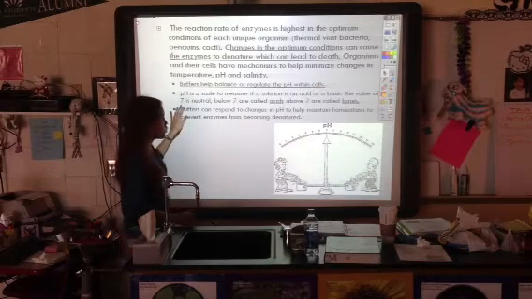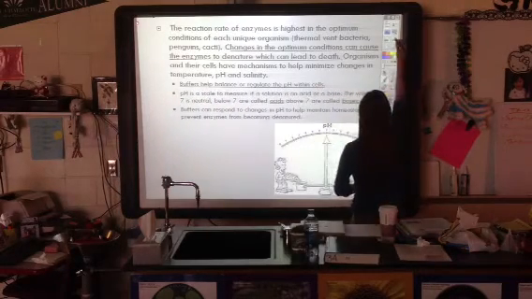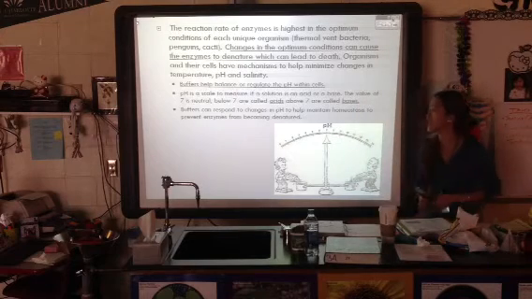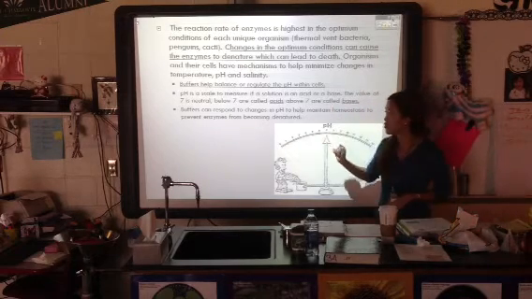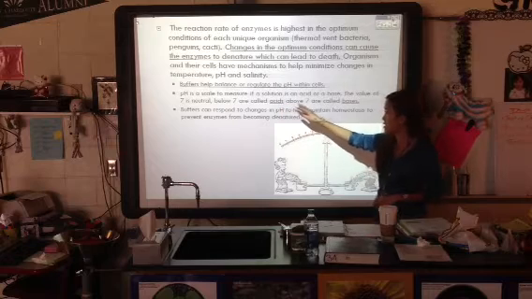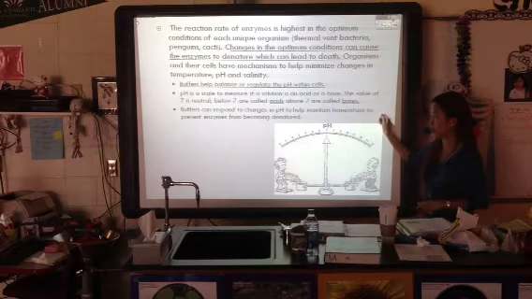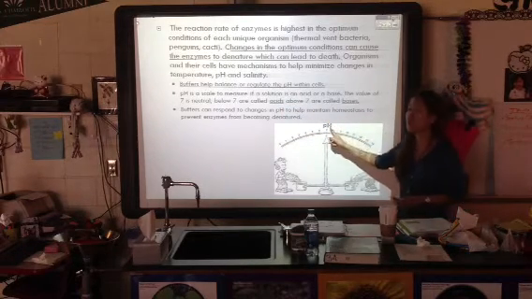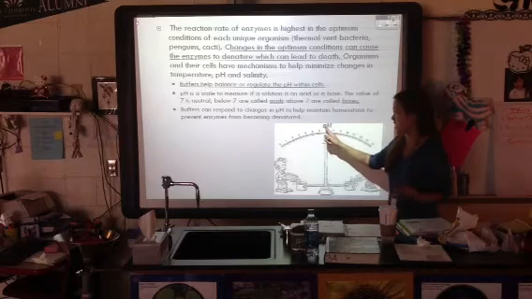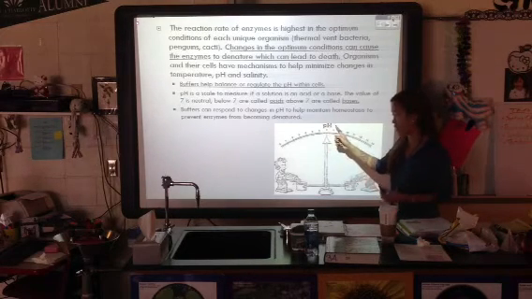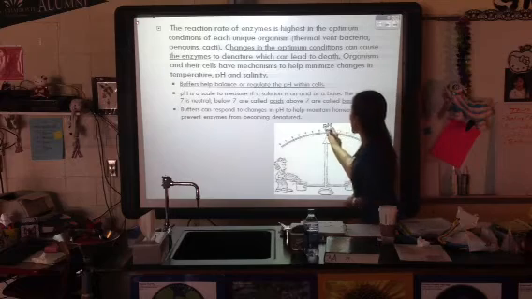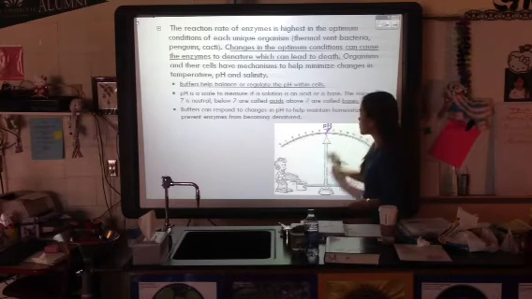And on this, it says that the value of 7 is neutral, below 7 are acids, above 7 are called bases. So pH, again, usually refers to how acidic something is. It actually stands for the potential of hydrogen. And 7 is kind of your key number here.